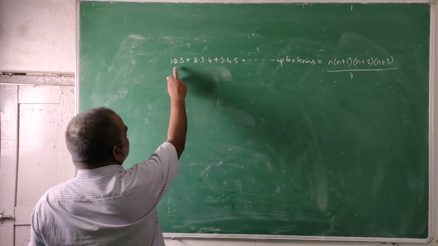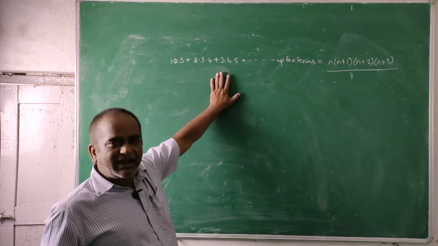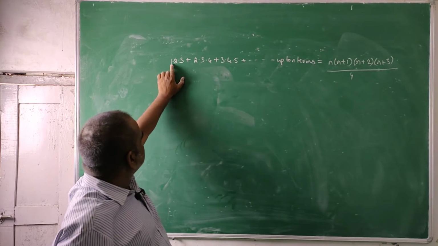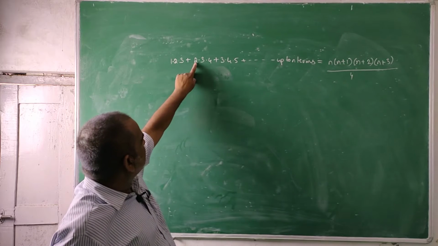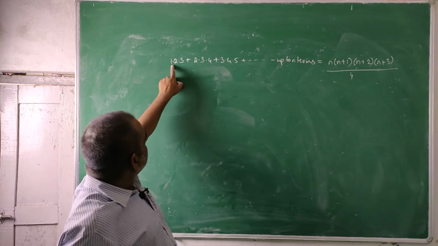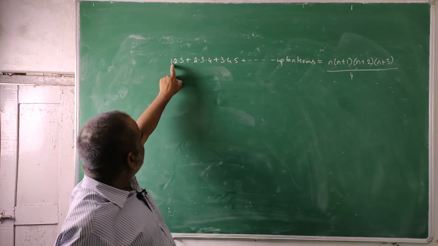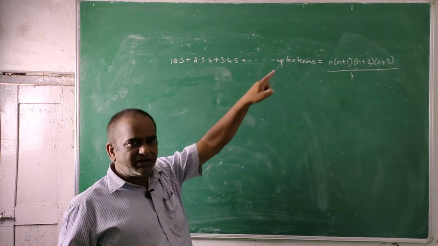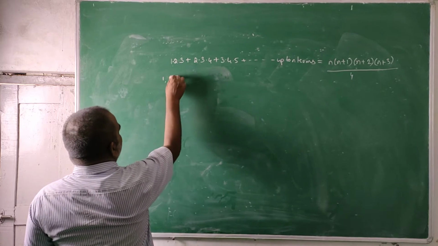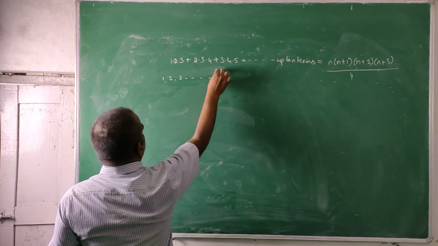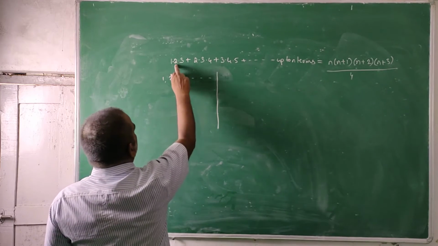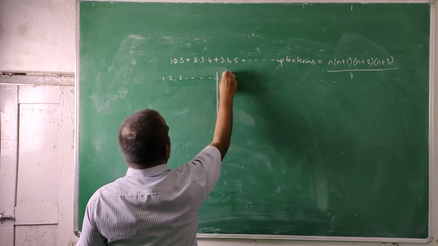So for this, just observing, see, the first factors of each term are the successive natural numbers beginning from 1: 1, 2, 3 and so on. And the middle factors are 2, 3, 4 and so on.